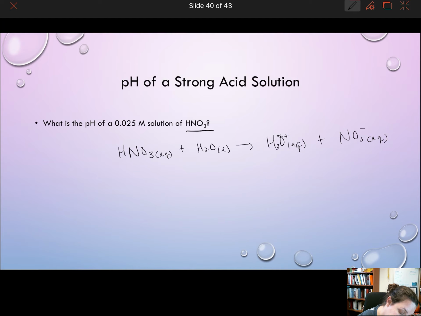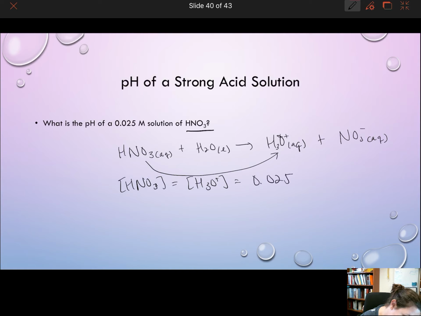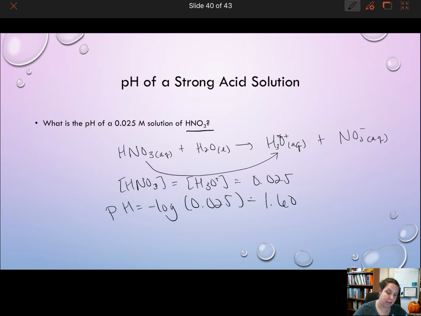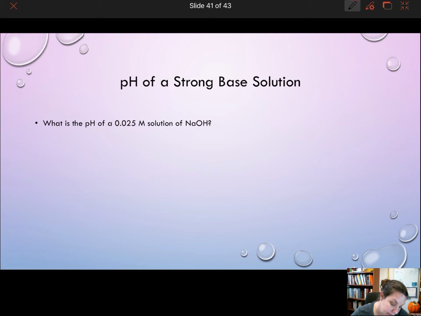So all of this gets converted into this. So our HNO3 concentration will equal our hydronium concentration. So they both equal 0.025. So we can take our pH and solve for that very easily, giving us a pH of 1.60.